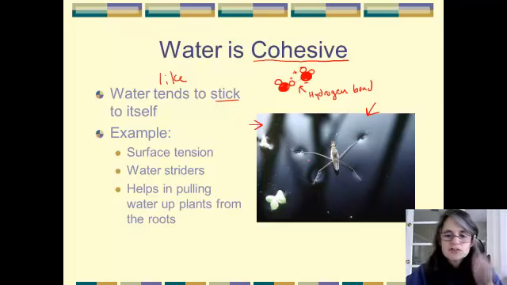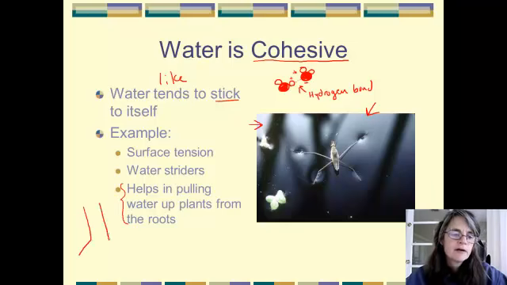Now, that's kind of a trivial example of the significance of this property. A much more important example of the significance of this property would be to talk about how if you are a tree, here I am, I'm a tree, here is the ground, and here are my branches that would have leaves on them. I need to get water from my roots that are down here in the ground.